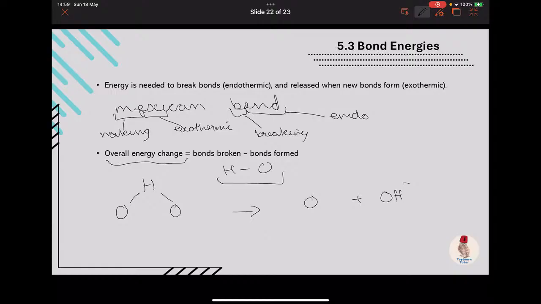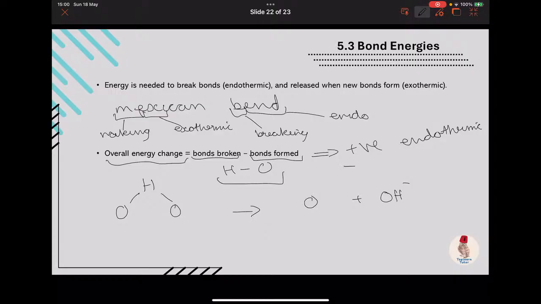So this would be an endothermic reaction as when the bond is broken, energy is absorbed, and it would be exothermic if more energy was used to make the bonds. So the overall energy change equals bonds broken subtract bonds formed. Now if your answer equals positive, then you have an endothermic reaction.